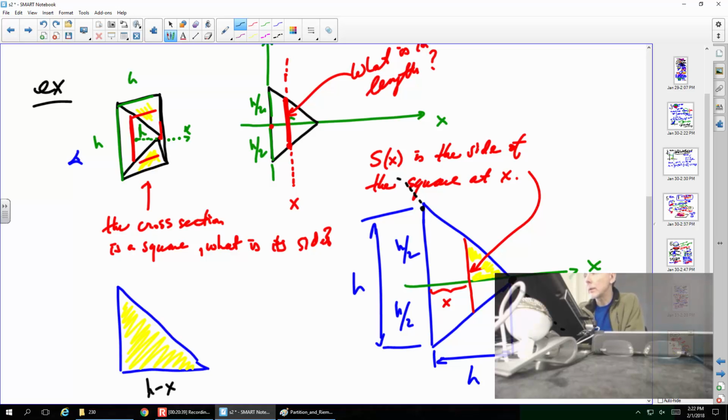What's the y-intercept? Or you can do proportions. It's up to you. Let's do algebra. Let's do it with the equation of the line. So what's the equation of the line? The y-intercept is h over 2, okay, and what is the slope?